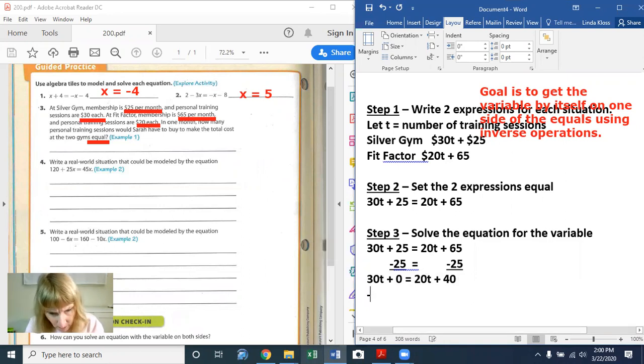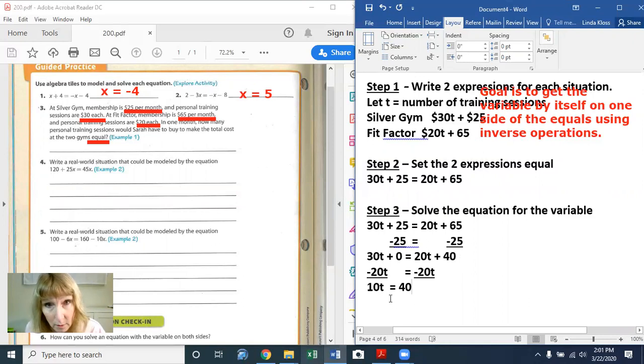So I'm going to subtract 20T from both sides of the equation. Which is now going to give me 30T minus 20T, 10T. I'll drop the 0. Equals positive 20T minus 20T is going to be 0T, so I'll drop that, and I'm left with just 40.